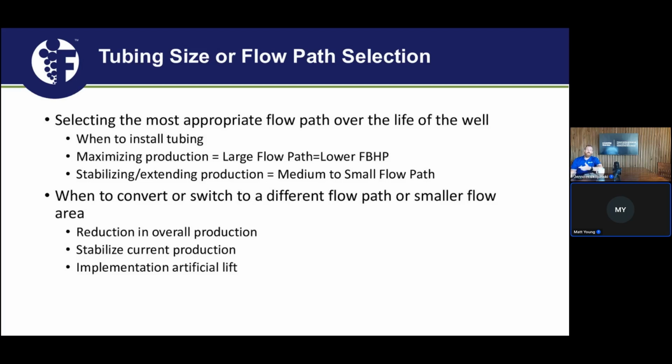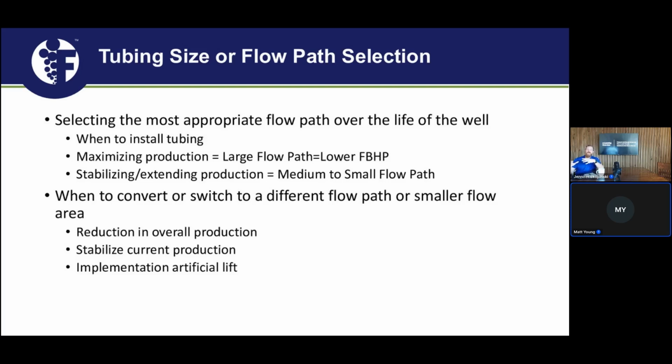Meaning, things like, if we can casing flow the well initially, when should we install tubing into the well? Should we install tubing after completion, depending on the production rates? Should we let the well casing flow, or natural flow up the casing, for a period of time and then come back and install tubing at a later date?